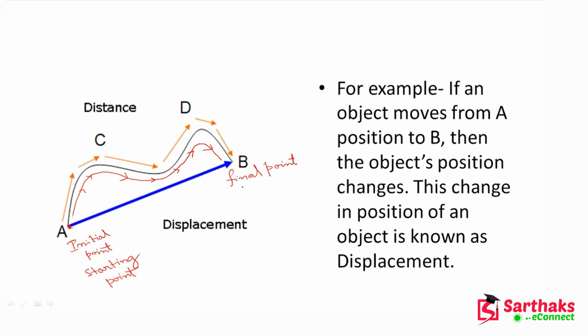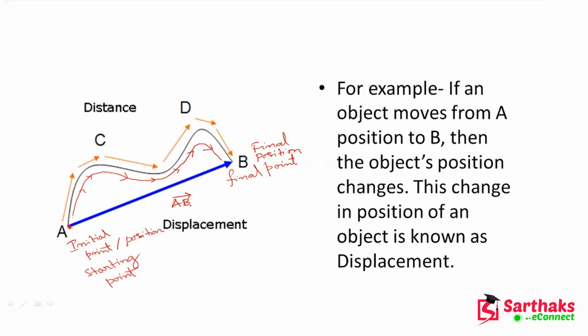So the initial position is point A and the final position is point B. I have given one arrow here, and the displacement is AB.